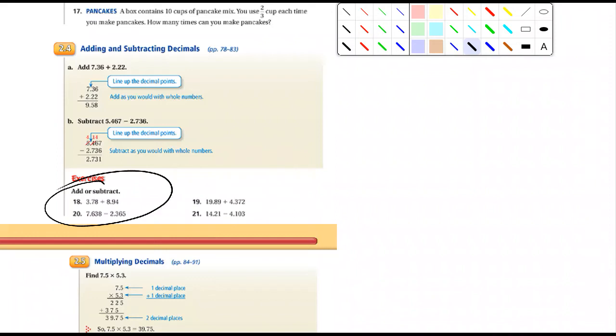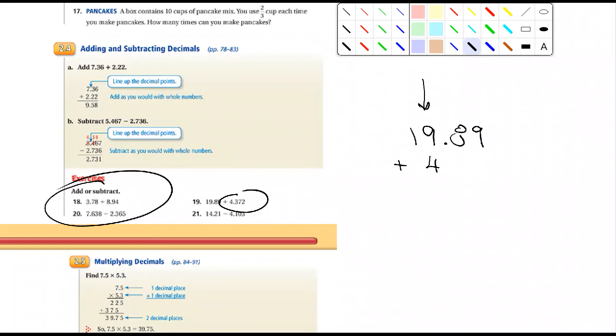19? Okay, so I'm going to add these two decimals together. When you're adding or subtracting decimals, it's really important to keep things lined up. So it's 19.89. And I'm adding to that 4.372. So I'm going to hit a little plus sign, and I'm going to put the 4 right under the ones place, right under the 9, because that's what they both are, the ones place.